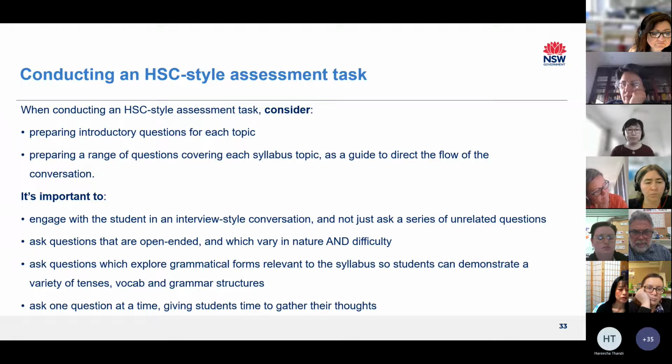Ask questions that are open-ended and which vary in nature and difficulty. Ask questions which explore grammatical forms relevant to the syllabus so students can demonstrate a variety of tenses, vocab and grammar structures. Ask one question at a time, giving students time to gather their thoughts.